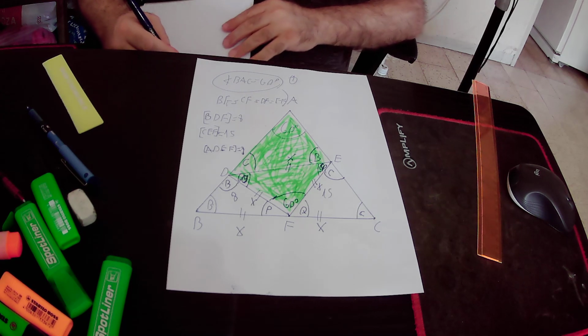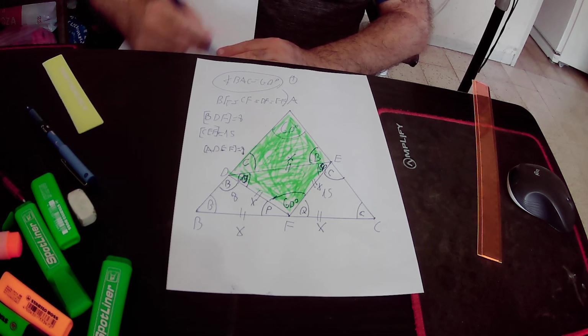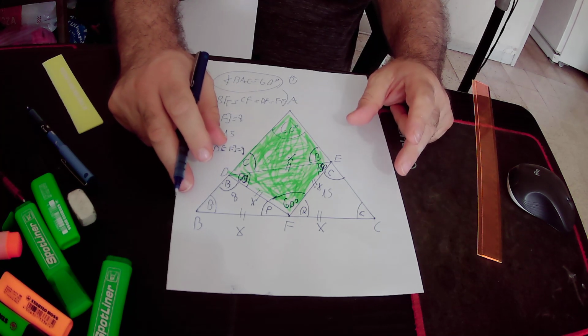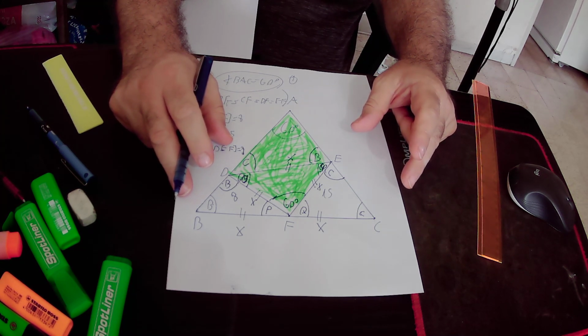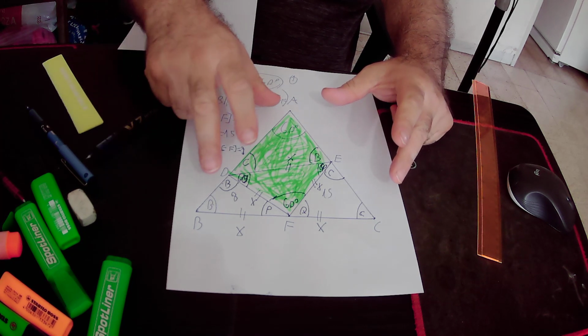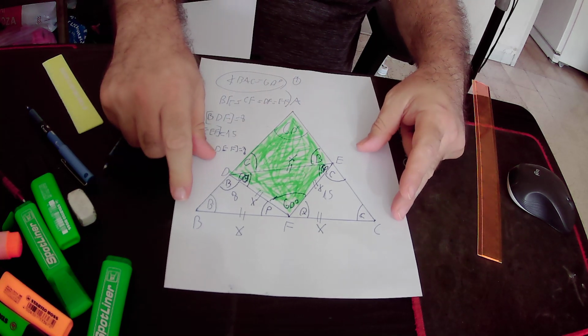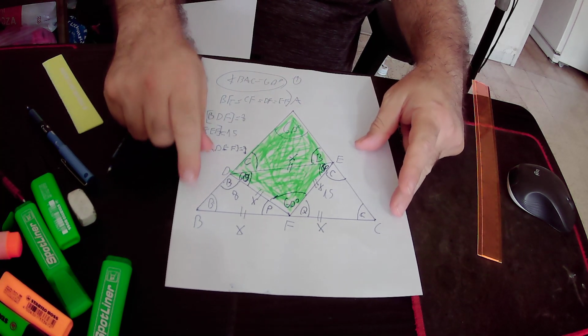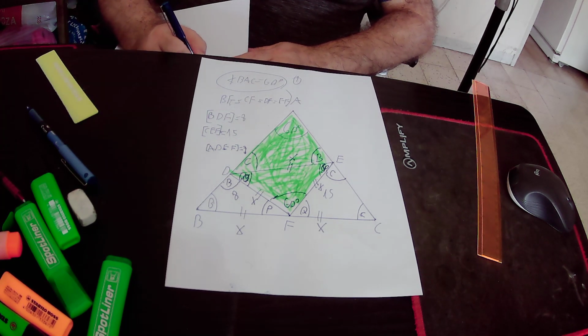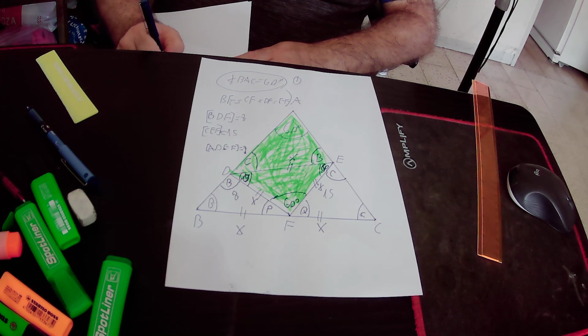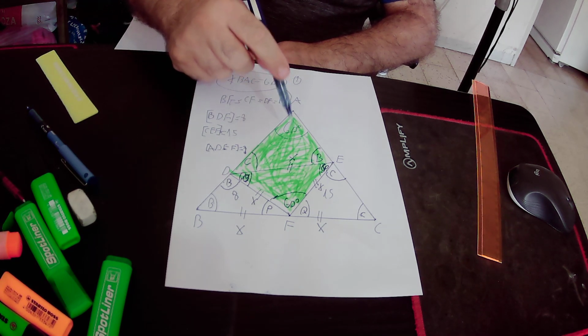You can see it, it is very simple from the drawing itself. The area of the big triangle ABC minus the area of the small triangle AED equals the area of the quadrilateral DBEC. So the area of quadrilateral DBEC is equal to the area of triangle ABC minus the area of the small triangle, triangle AED.